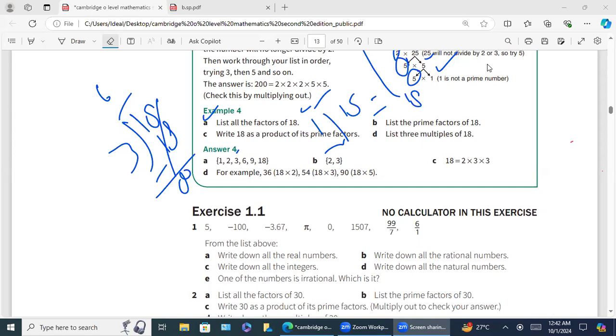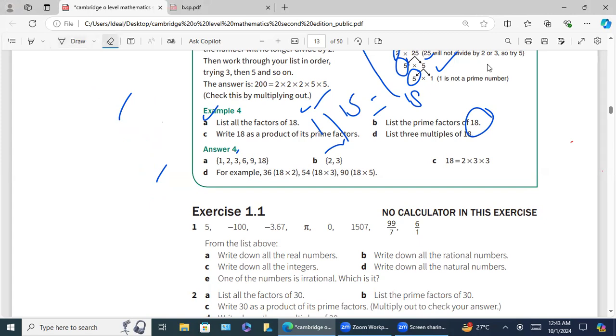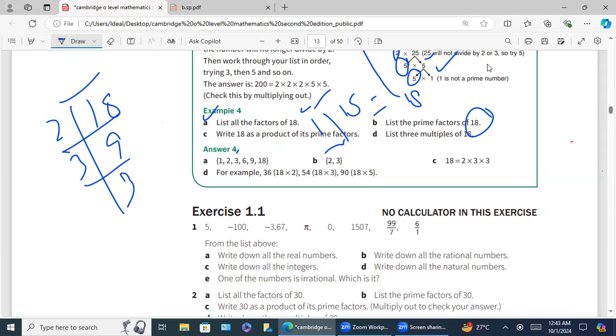Number B, list the prime factors of 18. Now we can create the prime factors, or we can say we list the prime factors. How can we list the prime factors? We have a method. We have 18. We divide by the smallest prime number 2. We get 9, and then 3, we get 3, then 3, we get 1.